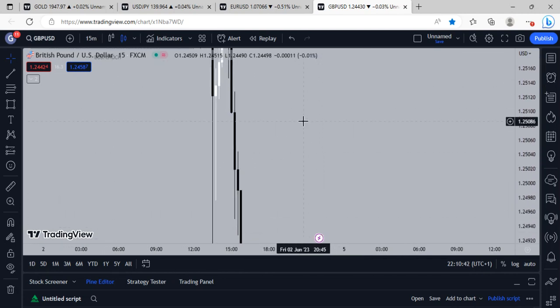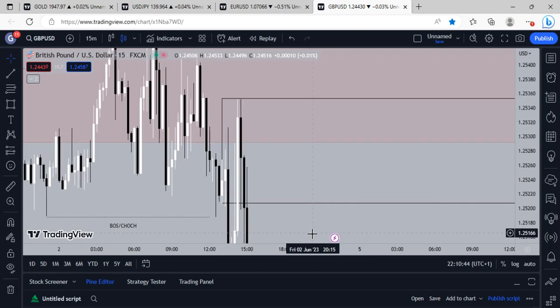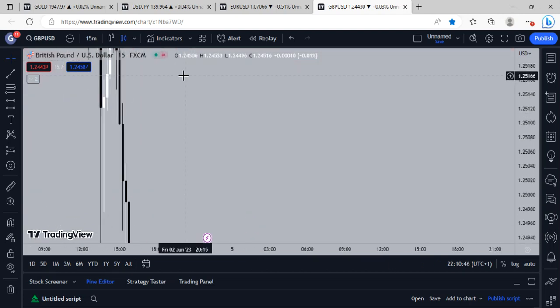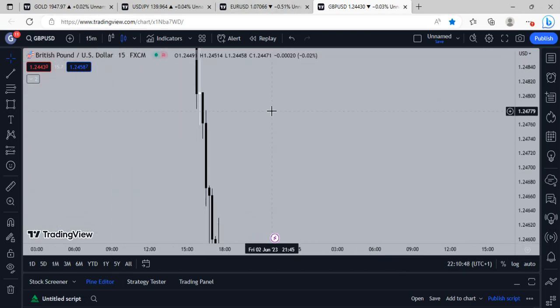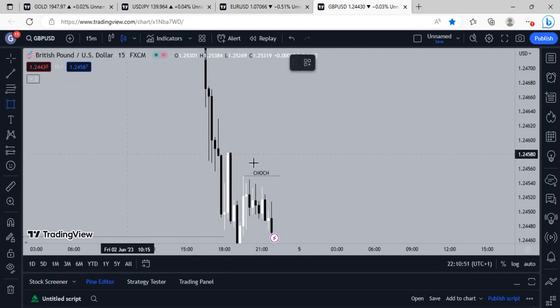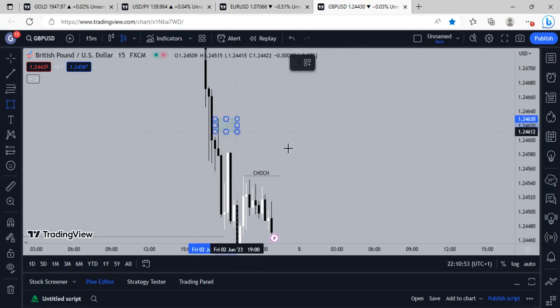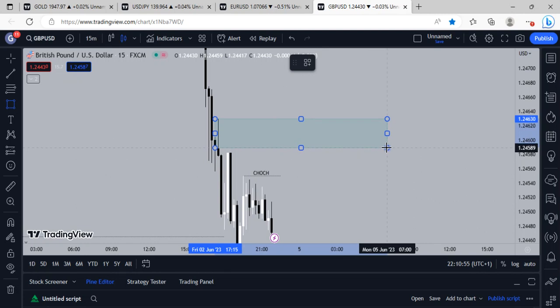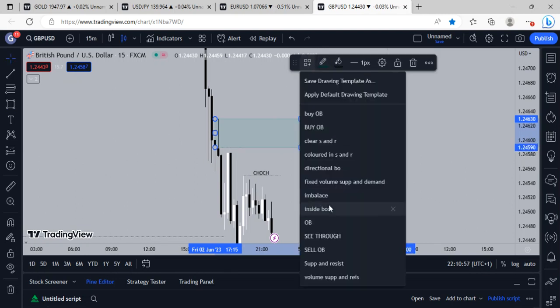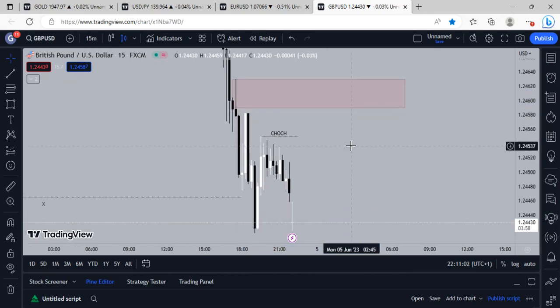I don't see any other pullbacks. Now the pullbacks.